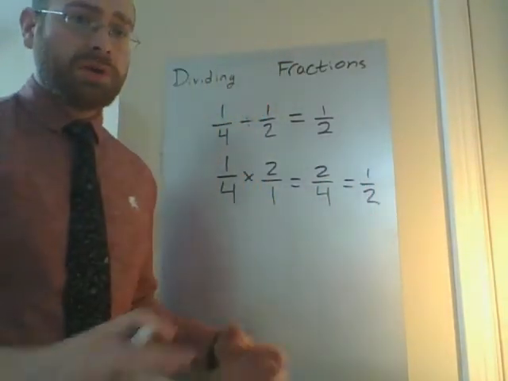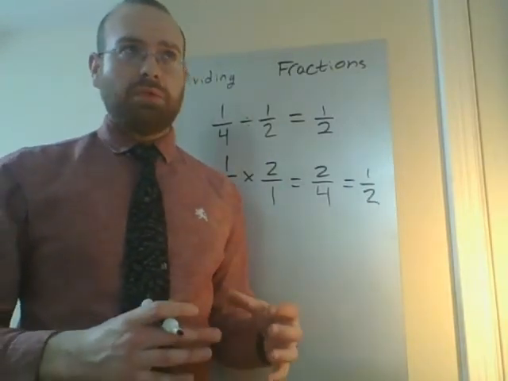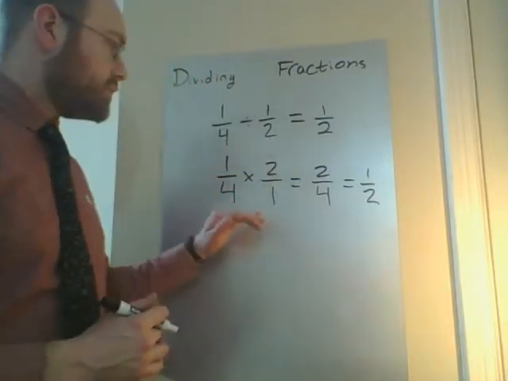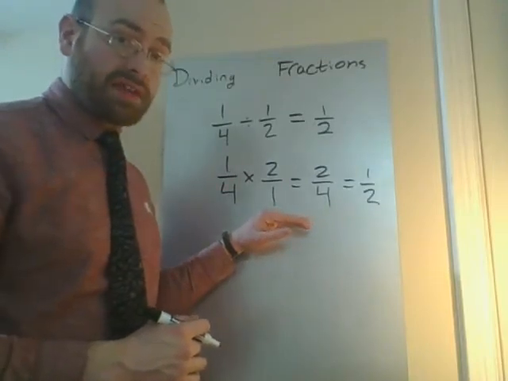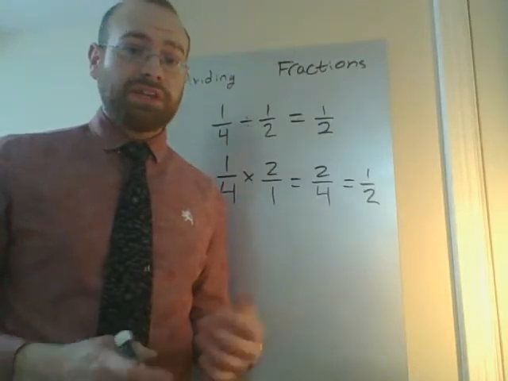So without drawing pictures, without any of that mental gymnastics, thinking of how many pieces of this size fit into pieces of that size, we can just multiply the first fraction by the reciprocal of the second fraction. And we already know how to multiply fractions, so that makes it a little bit easier.